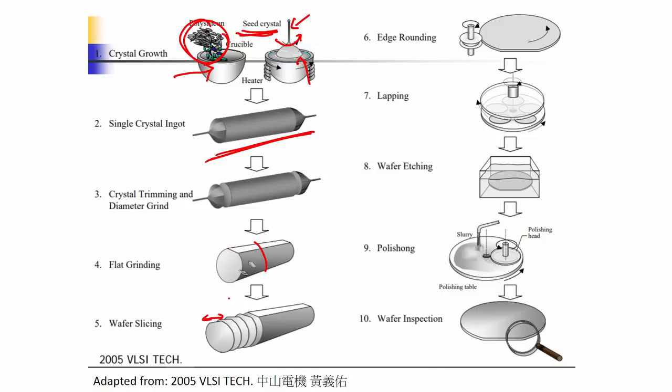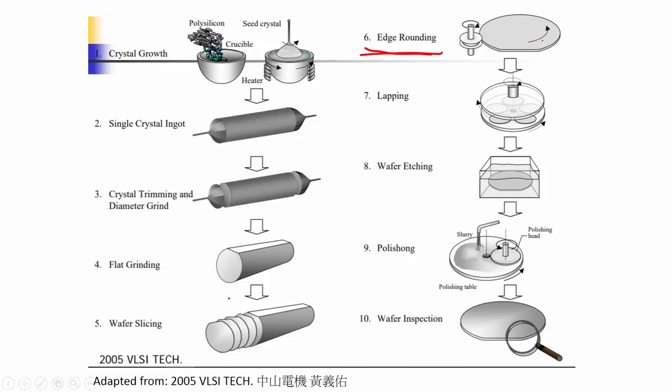So, the point is that once I have my polysilicon and my seed crystal, I can grow an ingot, from the ingot I can trim the crystal, I can do flat grinding, I can do wafer slicing. After wafer slicing, I have to do edge rounding. The edges were rounded, only the primary flat and secondary flat were there.